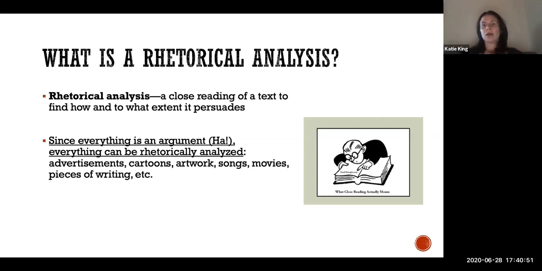So yeah, if we think about argument in those terms, then we can see how some of these conversations about civics, about movies, about art, about politics, gender, race, class, biology, science, et cetera, have been going on forever and ever and ever, right?